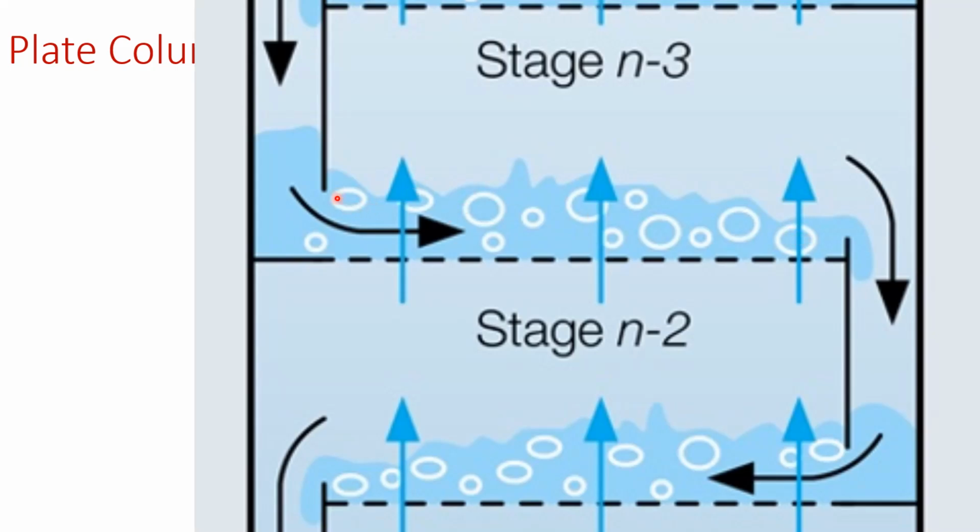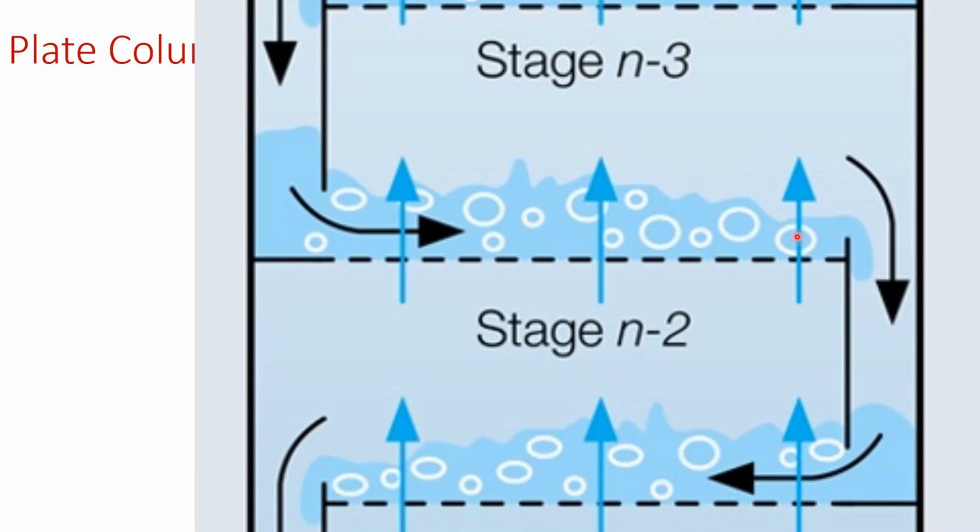Moreover, you would expect that the composition of the liquid, while it's moving across the tray, is going to be different because it's going to absorb some of the gases, and therefore the mass transfer driving force is going to be different from one point to another. Therefore, in order to calculate the efficiency of the whole column, we have to start with a single point.